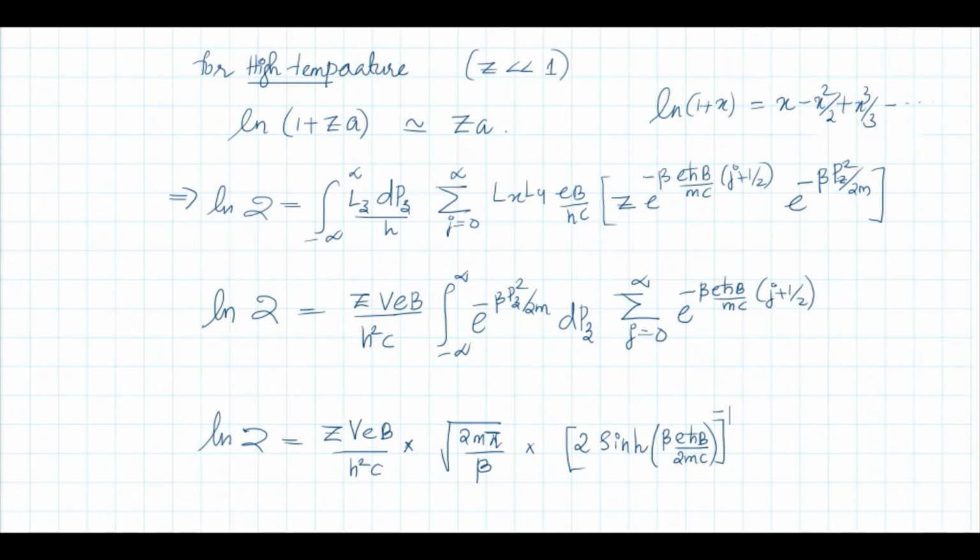So log theta equals z V eB by h square c into this integral, which will give you a value square root of 2m pi by beta, and this summation will give you a value 2 sinh of beta eh cut B divided by 2mc, whole raised to minus 1. I will explain how we obtained these two terms.